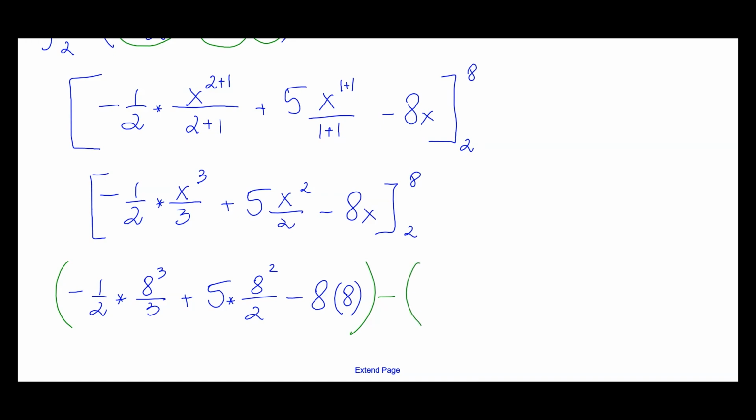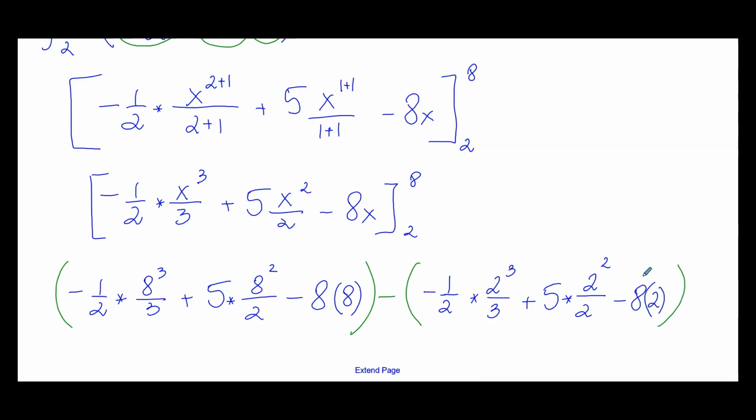Minus, and then the second part, again that same function, but this time we are replacing x with the lower interval. In this case, that should be to the power of 3, with the lower interval in our case, that is 2, plus 5 multiplied, and again 2 to the power of 2 over 2, minus 8 multiplied by 2.